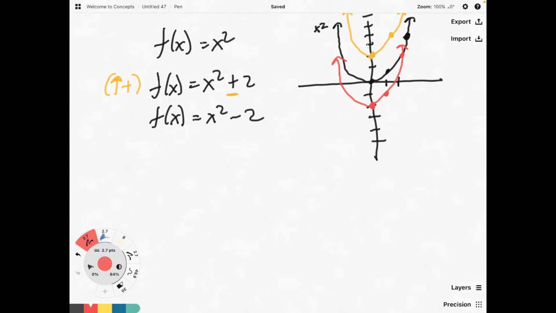However, in the yellow, we have shifted up in the positive direction by adding the constant, and in the red, we have that negative value, and so we're going to go down, and that's going to be a negative shift vertically.